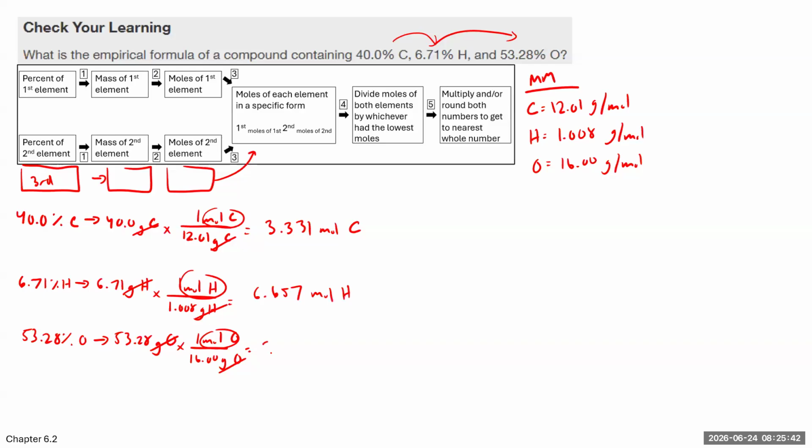So we're looking good, because it looks like it's going to be a pretty easy number to work with.